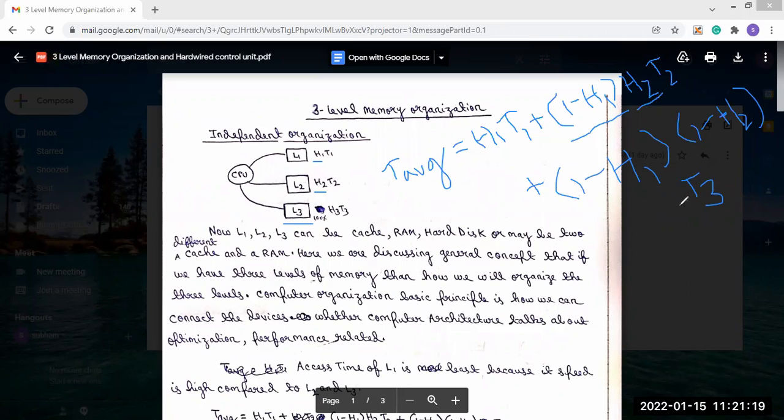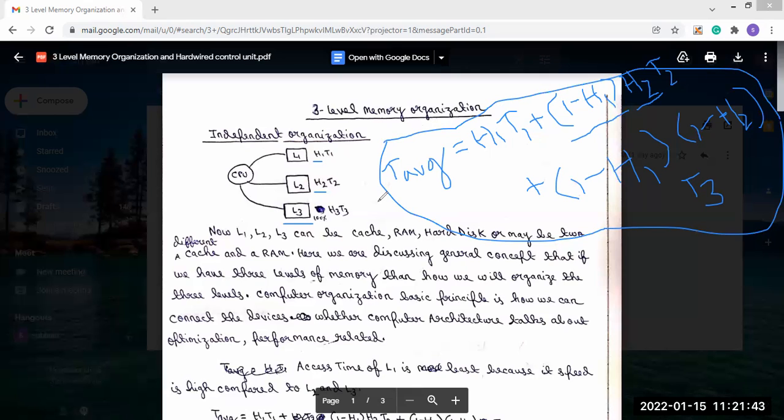So it will be 1 minus H1, 1 minus H2, T3. So this will be the average time of the independent organization. Like this, we prepare the average time of the independent organization.